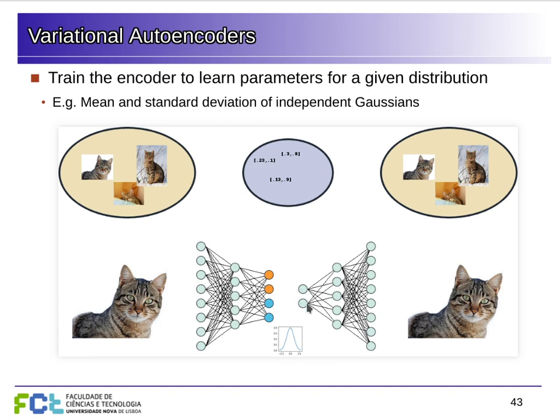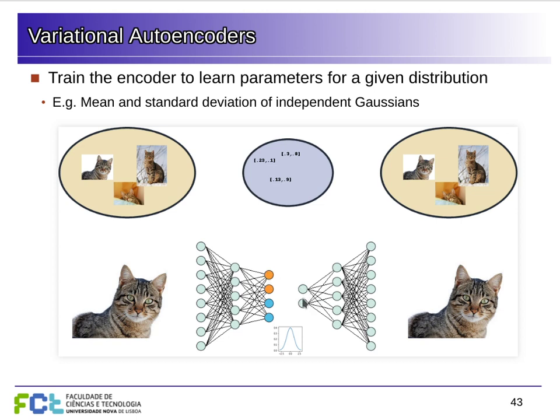We have this encoding here from which the cat image can be generated. So if we sample this encoding from the right distribution, we will generate different cat images out here. What we train the encoder to do is to compute the mean and standard deviations of the distributions, these Gaussian distributions, for each of the encoder outputs.